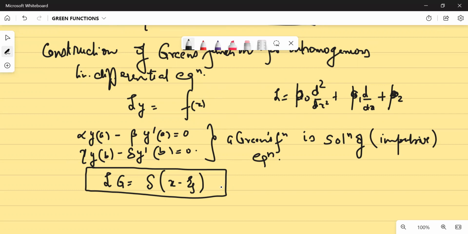Yes, sir. Okay. So for differential operators satisfying Green's function, you'll quite often see this Dirac delta function appearing.